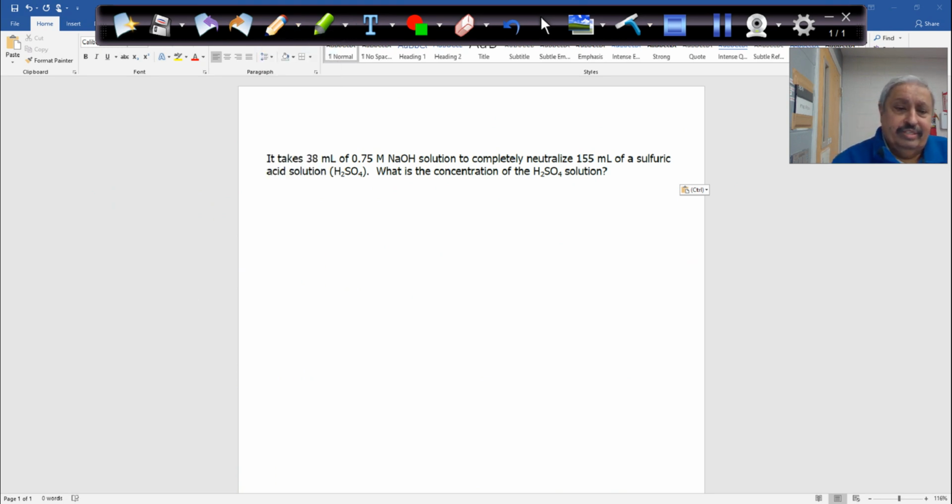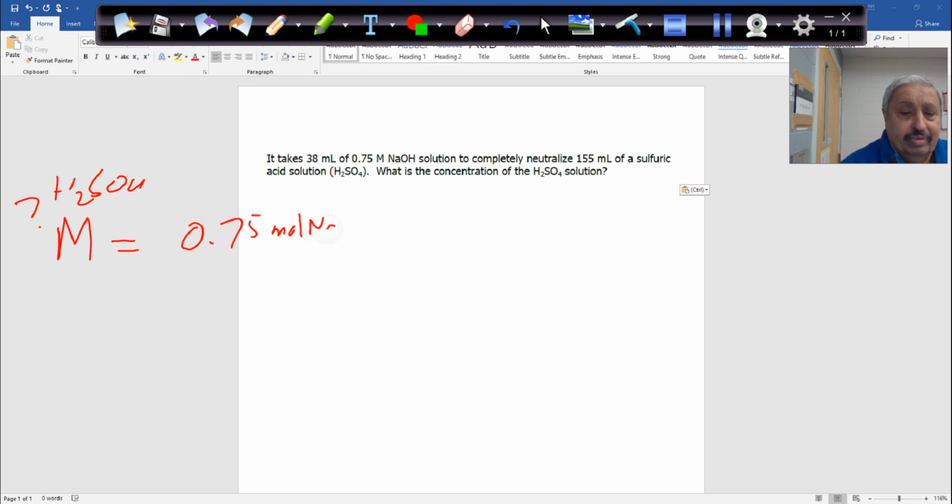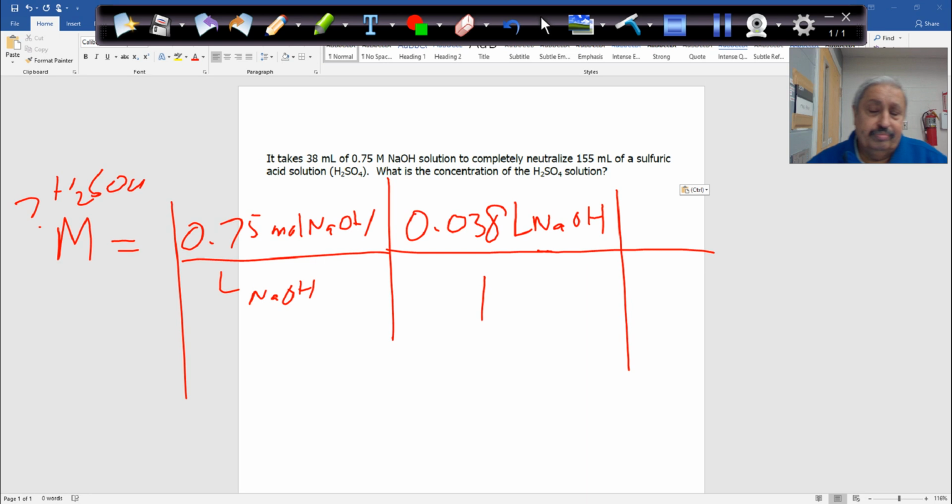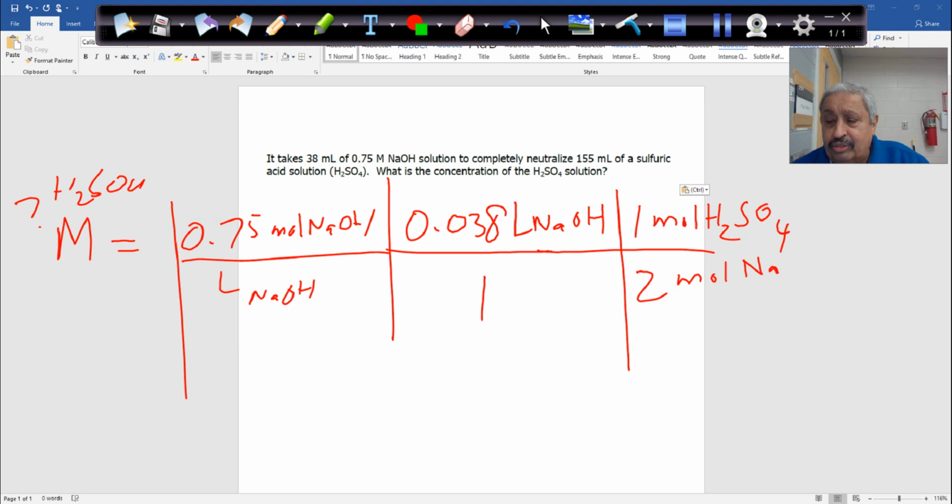So we have the step. Let's do it from here. The step is the molarity of H2SO4. That we don't know. So we start with 0.75 mole sodium hydroxide per liter sodium hydroxide. Then you multiply it by the liters of sodium hydroxide to get rid of the liter sodium hydroxide. Then you have 1 mole of H2SO4 according to the balanced equation to 2 mole of sodium hydroxide.